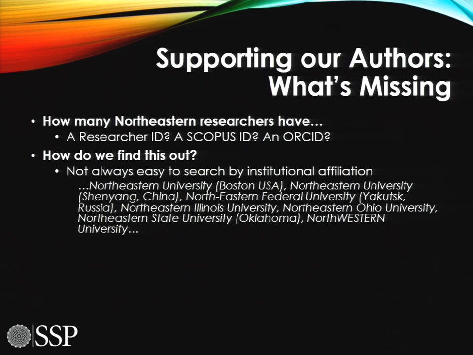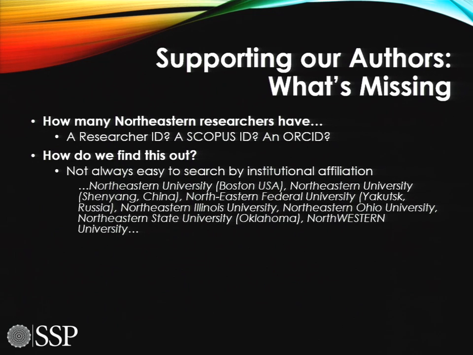There's also, I'll just quickly go through these: Northeastern Federal University in Yakutsk, Russia, Northeastern Illinois University, Northeastern Ohio University, Northeastern State University, Northwestern University. You would be surprised, we actually get mail for Northwestern University. ILL books get returned to us instead of, they just put Boston, Massachusetts, and it comes to us.